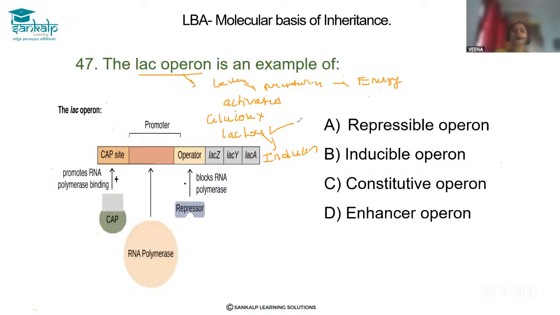That's why the lac operon is called an inducible operon, because only in the presence of the inducer lactose does this lac operon process get activated. So the correct answer is B, that is inducible operon.